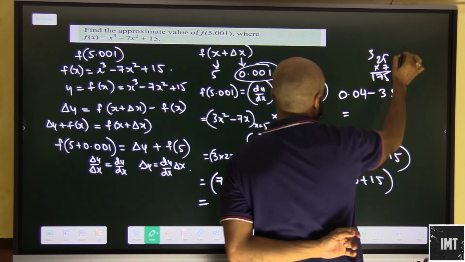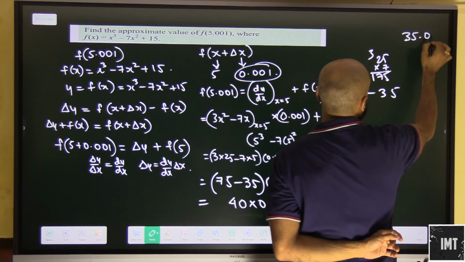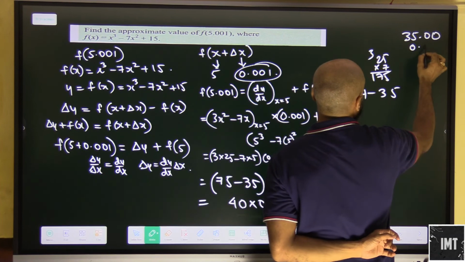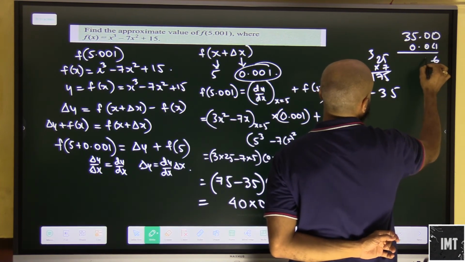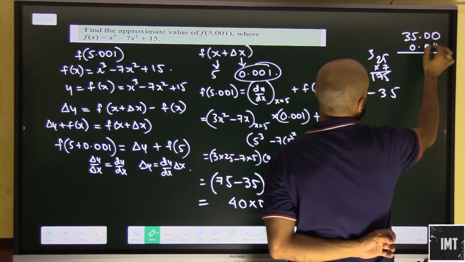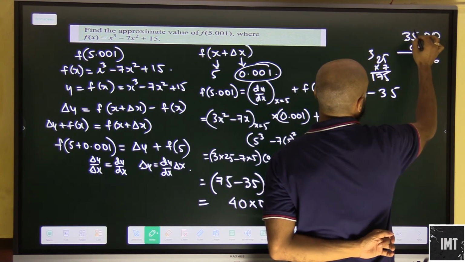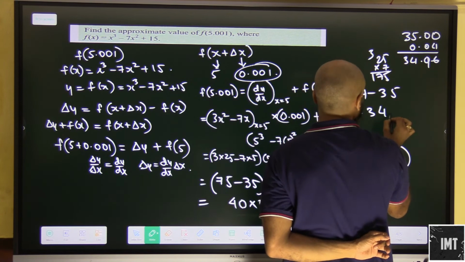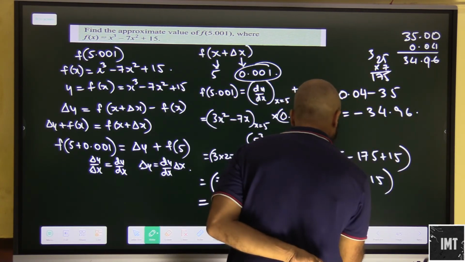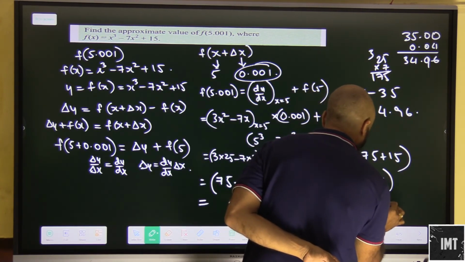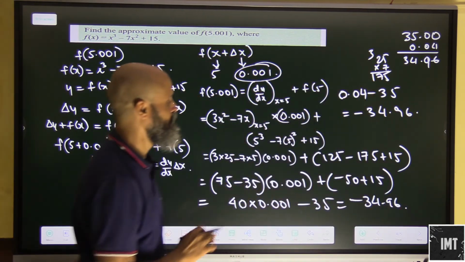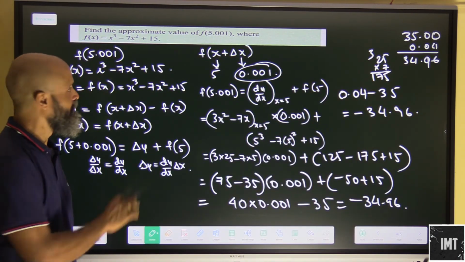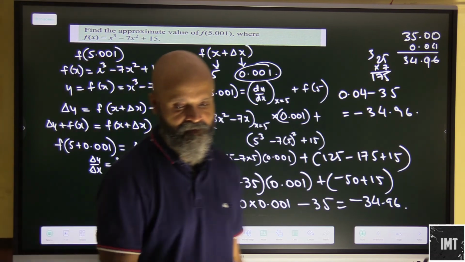So this will be minus 34.96. This is going to be the value. That's going to be the value of the function f(x).